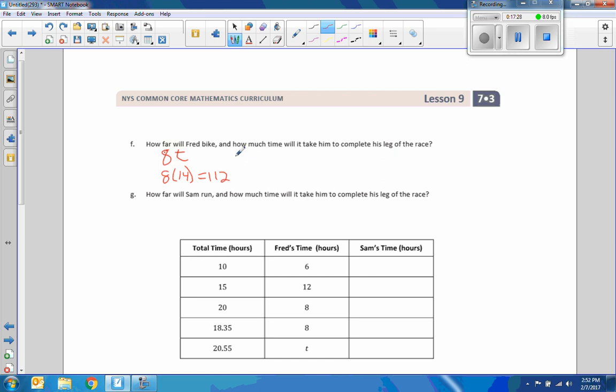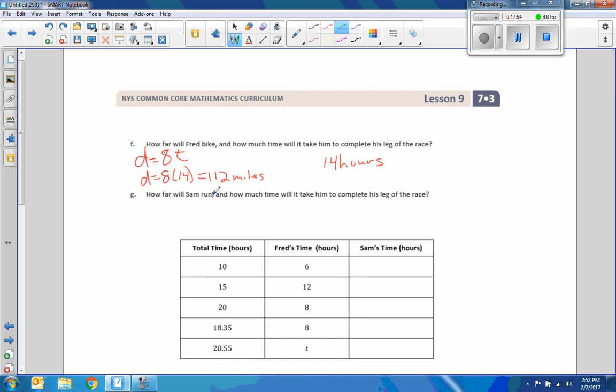So that's distance. How far will Fred bike? Remember, d equals rt, the rate, 8 miles per hour, times 14 hours. He will go 112 miles on his bike. And it says, how much time will it take him to complete his leg of the race? We've already answered that. That's what the t is, 14 hours.